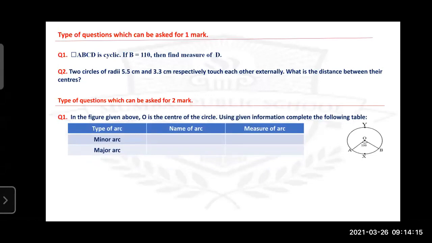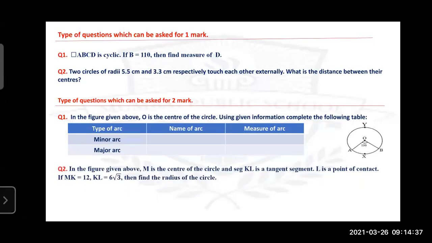See in the figure, AX is the minor arc and AY is the major arc. Here is the inscribed angle and here is the intercepted arc. So already we discussed it. This becomes half, and then we get 50, and then subtract 360 minus 50, then we get 310. So in this way, we find the minor and major arc. Okay.